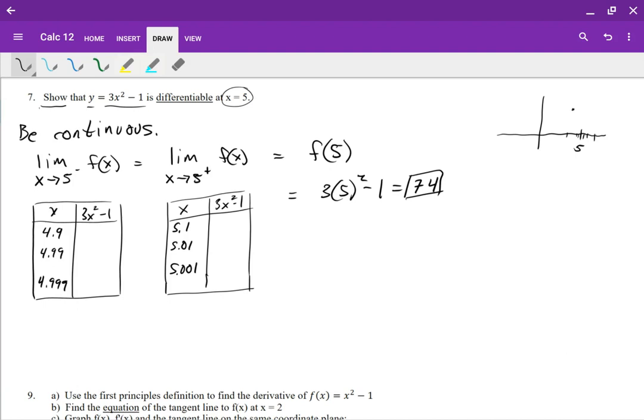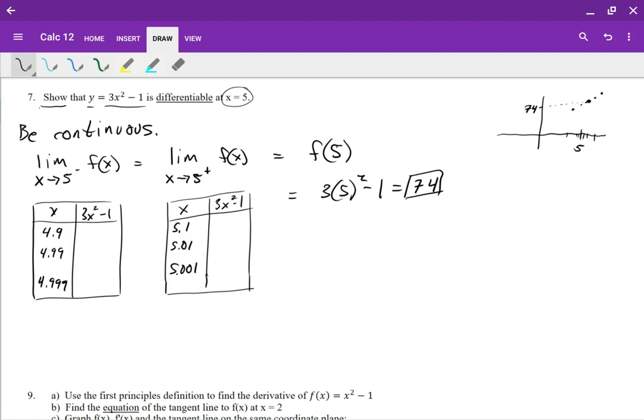And what we'll discover is those points, as we find them here, will all converge on a specific value. Turns out it's going to be 74, right? Because this is the limit of the function here, 74.